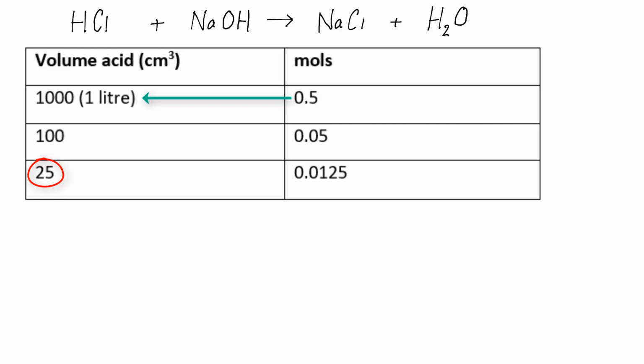Right, again, let me just repeat that. 0.5 moles per litre is 0.5 moles in every 1000 cubic centimetres. Okay, we have already stated that. But let's do a bit of ratio and proportion and say that 0.05 moles will be in 100 cubic centimetres, and take it down a bit further.